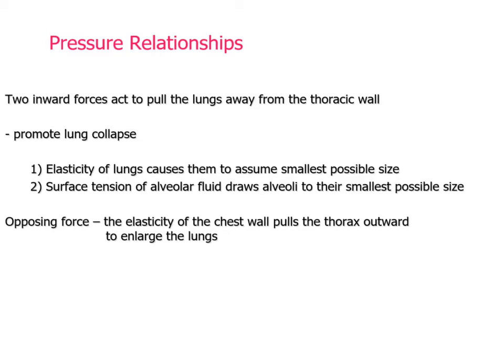They'll tend towards a smaller size due to the elastic fibers wrapped around the exterior of the alveoli, and also the surface tension of the alveolar fluid within the inner space of the alveolus tends to pull them to a smaller size. That's opposed by the elasticity of the chest wall, which helps to pull the thorax outwards in the large lungs, and also the pressure difference between the intrapulmonary and intrapleural pressures. Remember, the intrapleural pressure is always lower than the intrapulmonary.